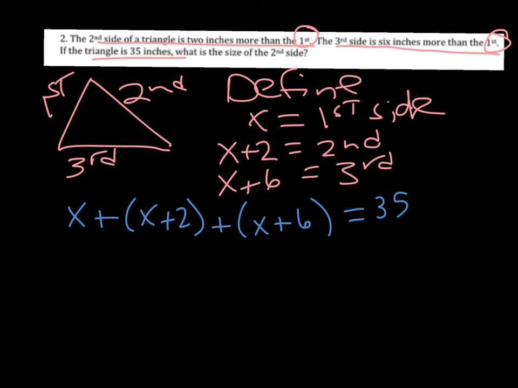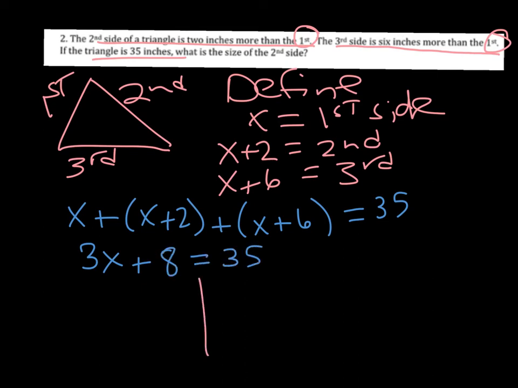Now, just like the last problem, it looks like I'm going to have to distribute because I see parentheses. However, there is not a number in front of the parentheses, so really, it's addition, and I'm just going to combine my terms. So I've got 1x here, 1x here, and 1x there. Altogether, I've got 3x. And then I've got a 2 plus a 6. So with my constant numbers, I have plus 8, and that's supposed to equal 35.